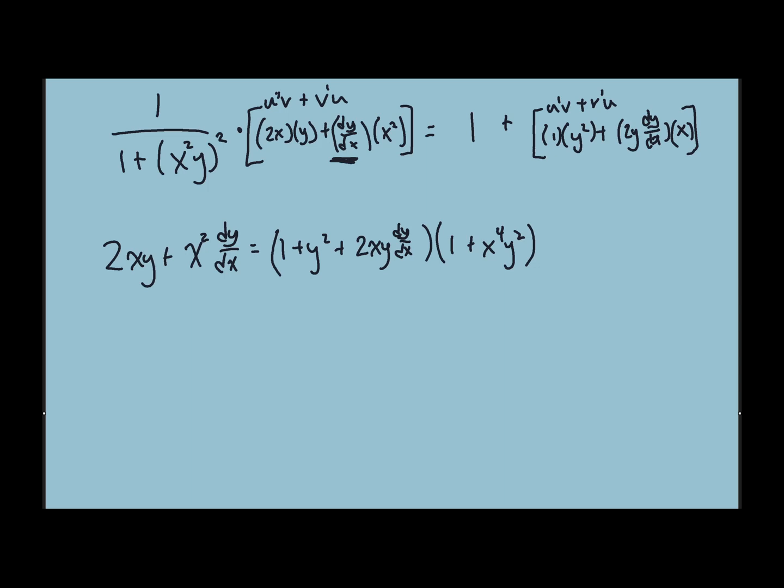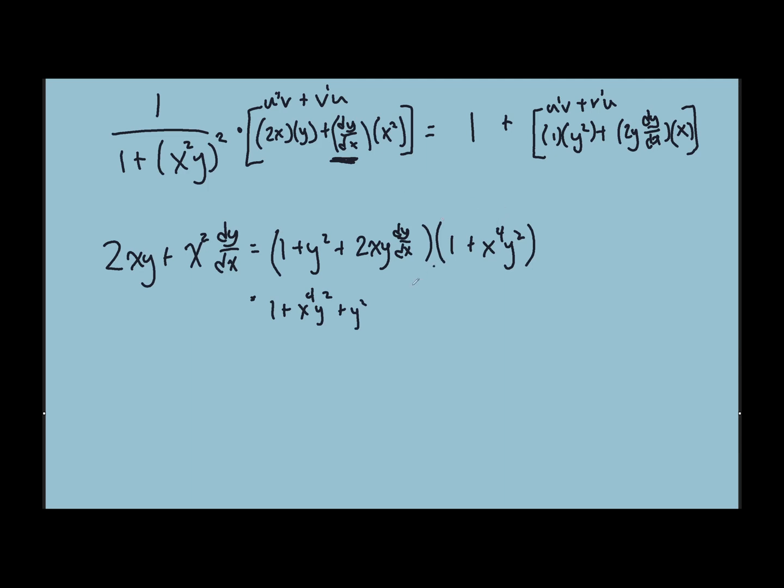So should we FOIL this? That feels painful, but I think we have to. So that would be 1 plus x to the 4th y squared plus y squared. So the order I do this real quick is I go like this. These two, and then these two, and then these two.